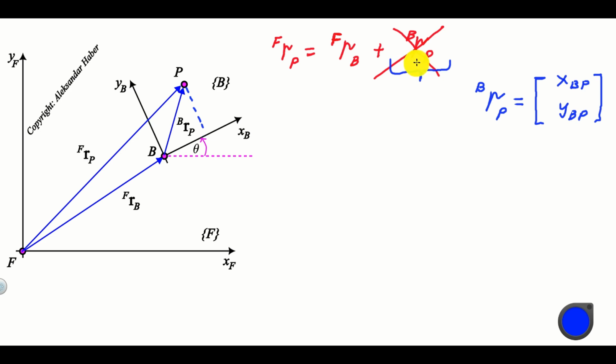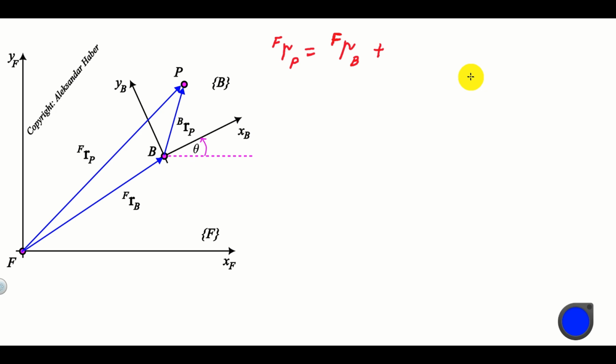So let's go back a few steps in the past. I will simply erase this, and let's see what needs to be written over here. Over here, I will write this. I will open these angle brackets, and then I will write my vector RPB.